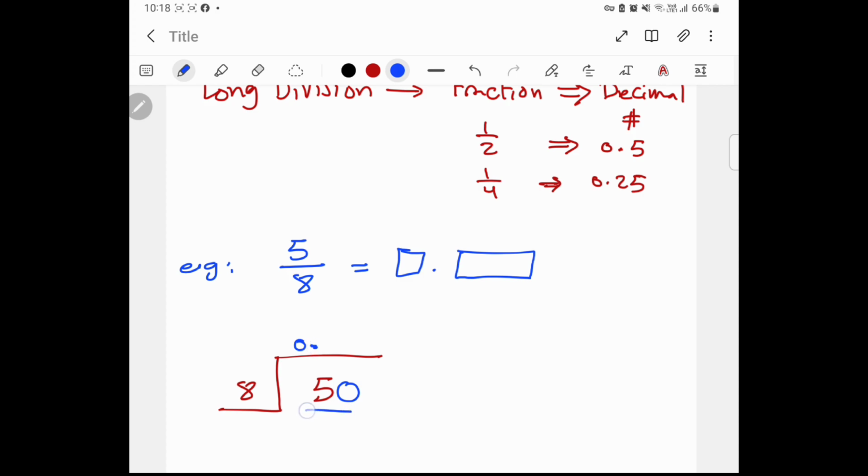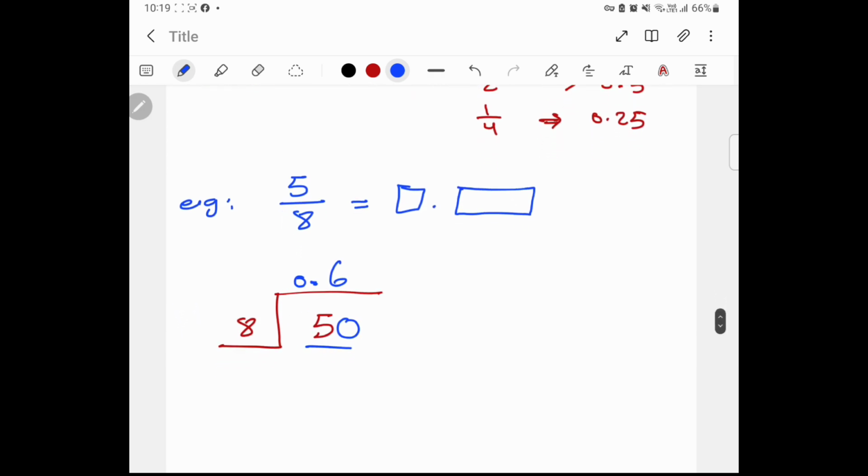So when you have now 50 divided by 8, we know that 8 times 5 is 40, 8 times 6 is 48, so we have 6. In this case, the answer is 48 when you perform the multiplication. 6 times 8 is 48, and then you perform subtraction. 50 minus 48 is 2.